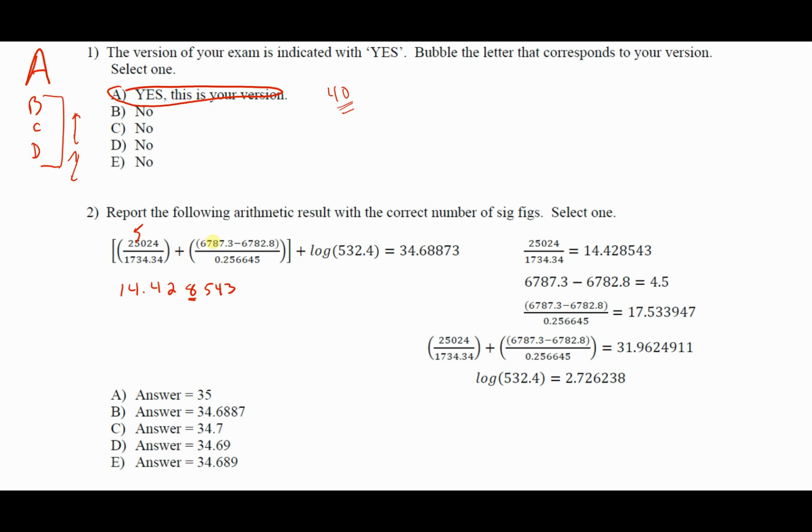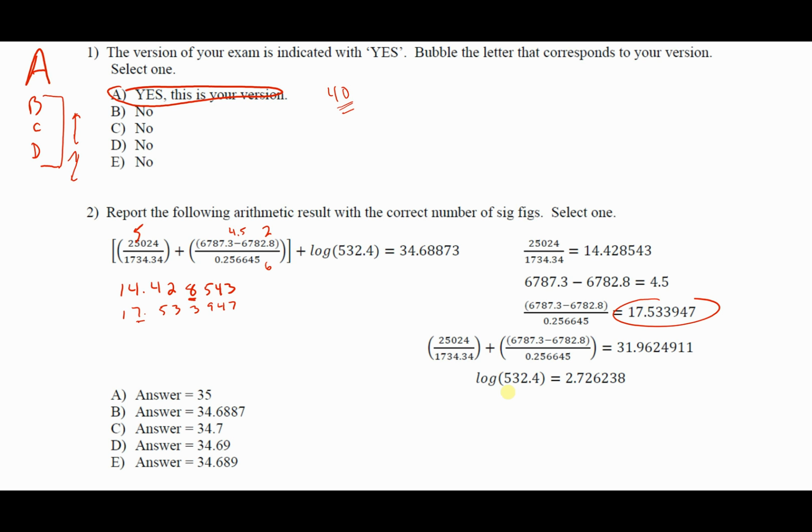Then we have this. We're going to do math up top because it's in these parentheses, and that will be 4.5, which is 2 sig figs, divided by 1, 2, 3, 4, 5, 6 sig figs. So this number altogether is 17.533947. 2 sig figs divided by 6, which means our sig figs are there.